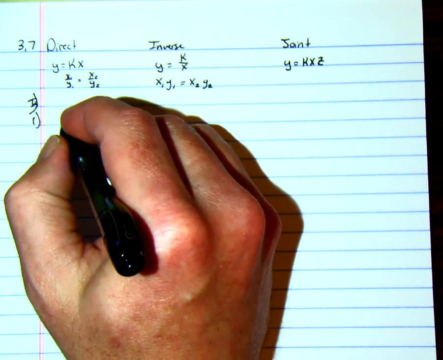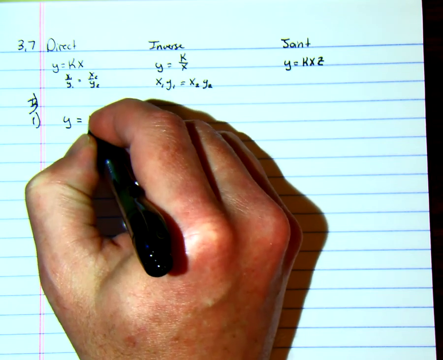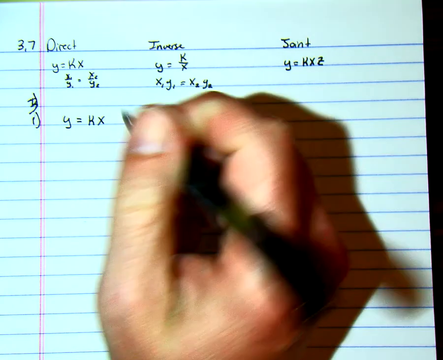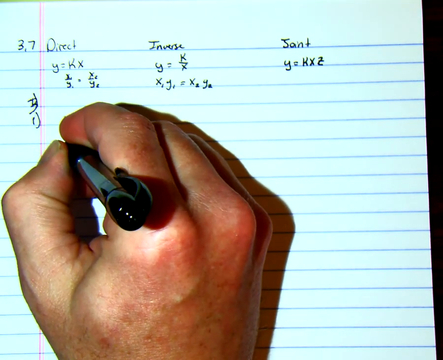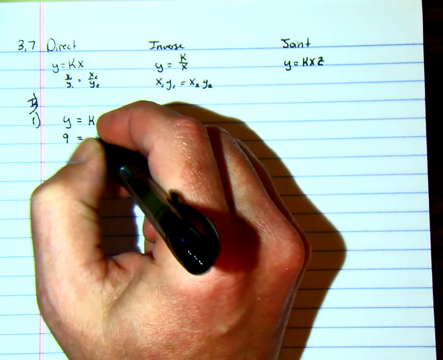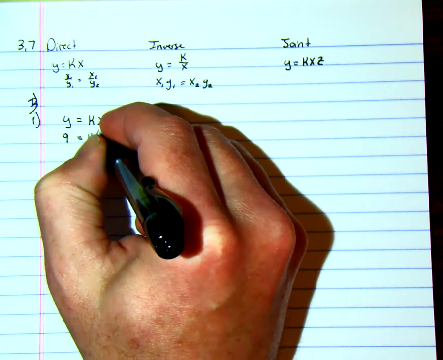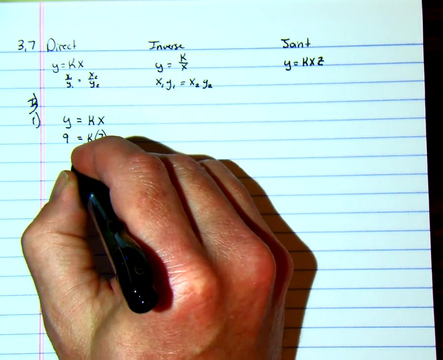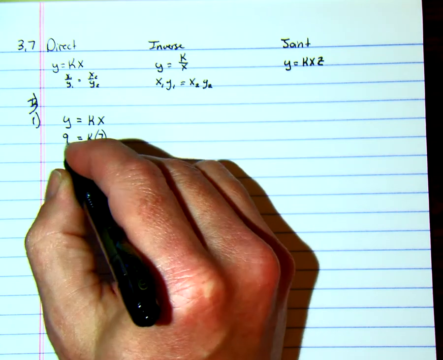If y varies directly as x, since it's a direct variation, we have this. And we know that y equals 9 when x equals 7. So they're going to give me some numbers to figure out my constant of variation. So we have to figure out what k is. We're going to divide the 7 across.